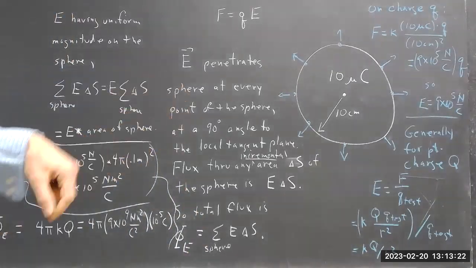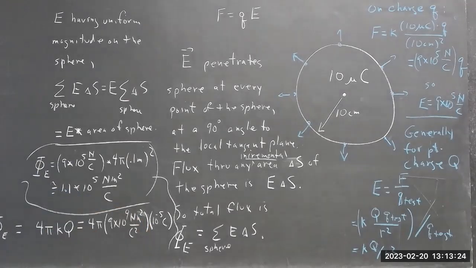Well, 10 microcoulombs is 10 to the negative 5th coulombs.